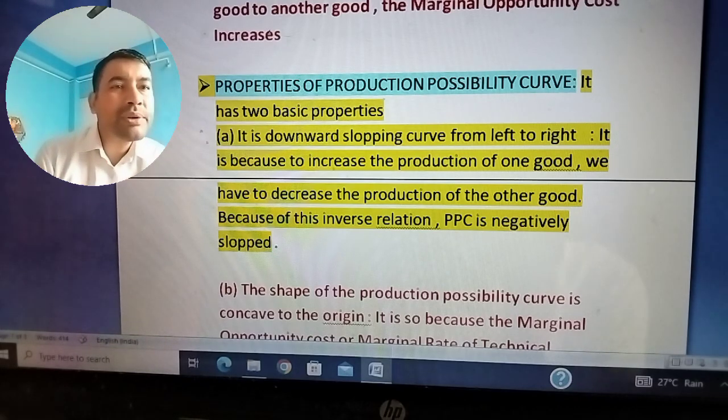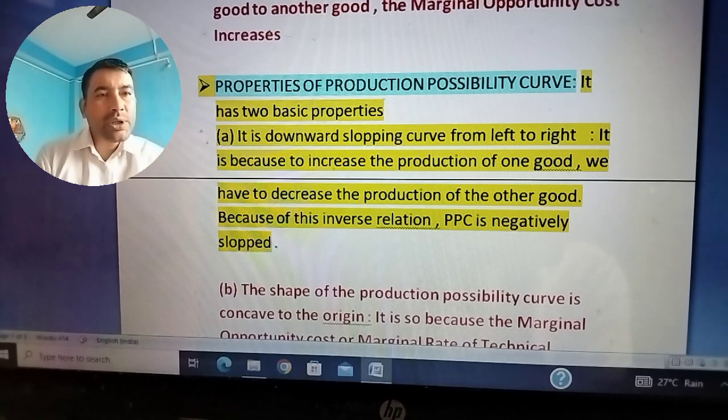Why is it downward sloping from left to right? It is because to increase the production of one good, we have to decrease the production of the other good. Because of this inverse relation, the PPC is negatively sloped.